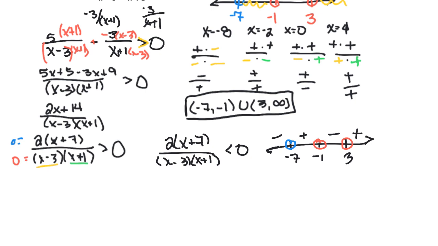So if I'm asking for the values that are less than, that means I want the negative intervals, because negative values are less than 0. So then it would be this section and this section. So then by changing that part of the problem, my answer would be -∞ to -7, union -1 to 3.